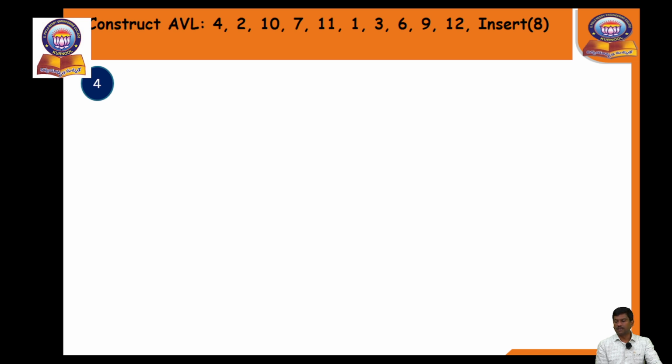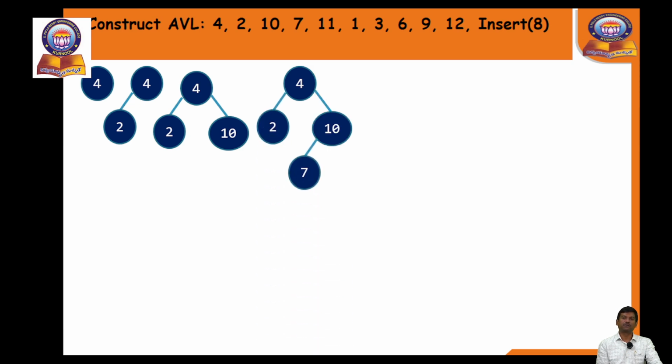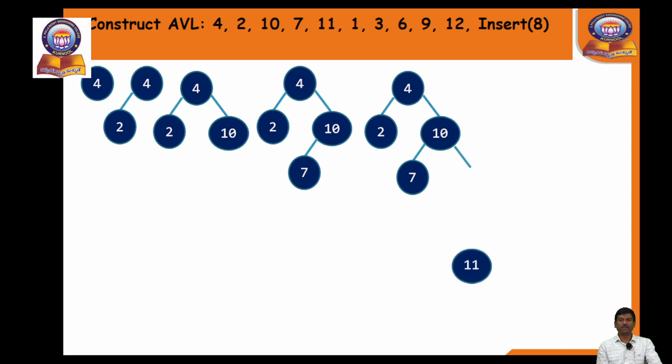And consider another example. Node 4 is inserted, node 2 is inserted to the left of node 4, node 10 is inserted towards the right, and check the balance factor, no deviation. Node 7 is inserted to the left of node 10, check the balance factor, no deviation, and add the next node, that is 1, to the left of node 2, no deviation.